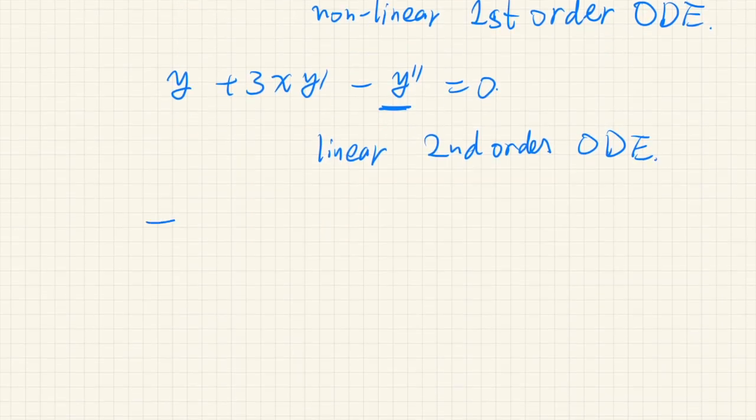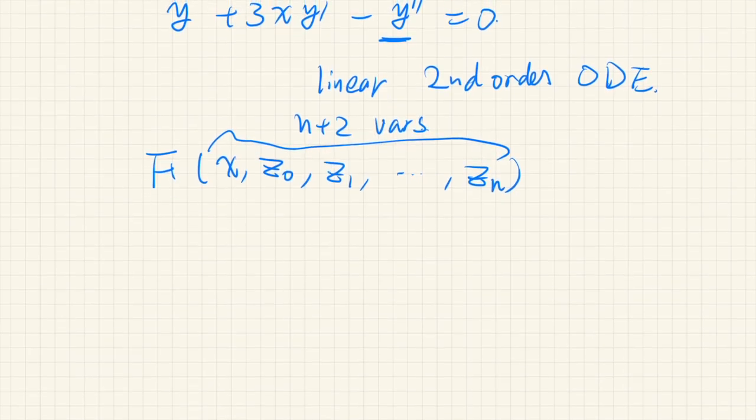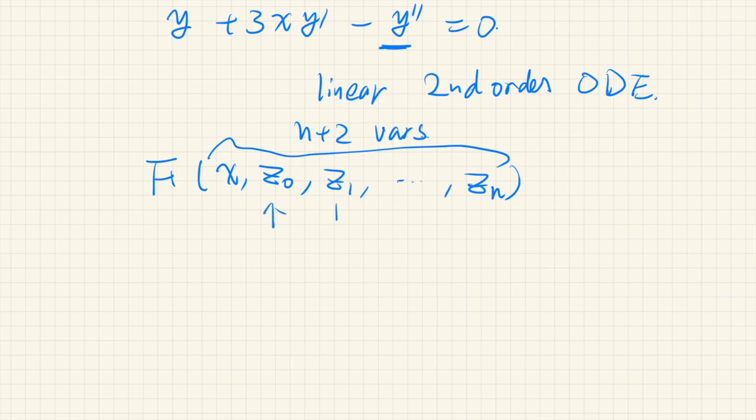More generally, suppose we have a multivariate function involving x and z0, z1, and so on up to zn. So this is a function of n plus 2 variables. If we substitute in these variables the derivatives of y, then we have f of x, y, first derivative of y, and second derivative, and so on up to the nth derivative of y.